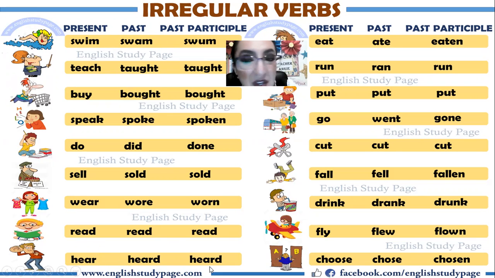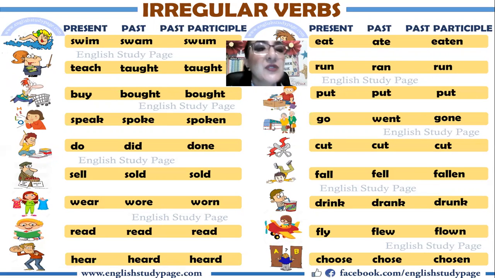Hear, heard, heard. Eat, ate, eaten. Run, ran, run. Put, put, put. Go, went, gone. Cut, cut, cut. Fall, fell, fallen. Drink, drank, drunk. Fly, flew, flown. Choose, chose, chosen.